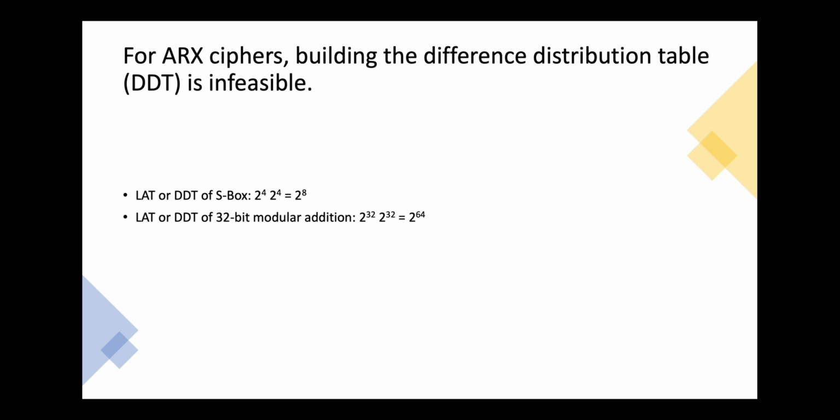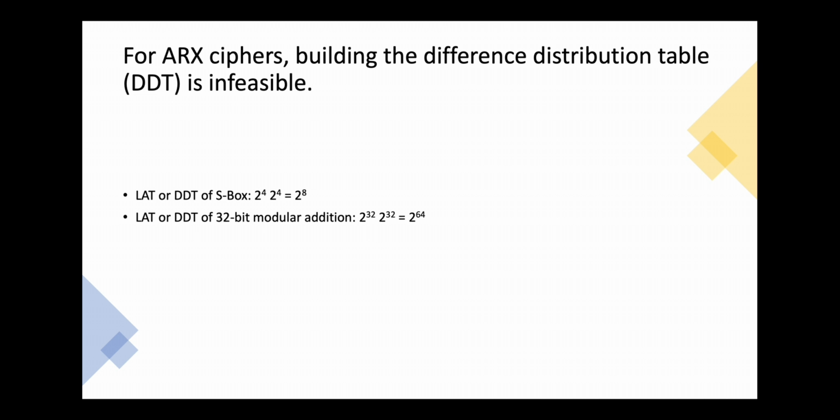But here is the main problem. For a 4-bit SBox, the size of the linear approximation table or difference distribution table is 2 to the power 4 cross 2 to the power 4, that is equal to 2 to the power 8. But in general, the word size in ARX ciphers starts from 32-bit, and it could be more like 48 or 64 or more and so on.